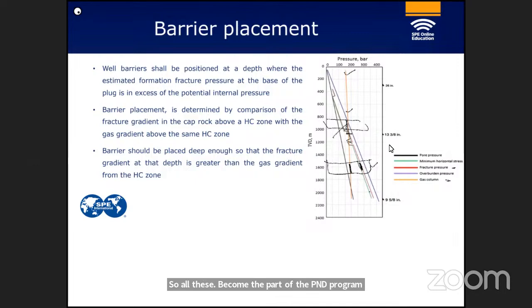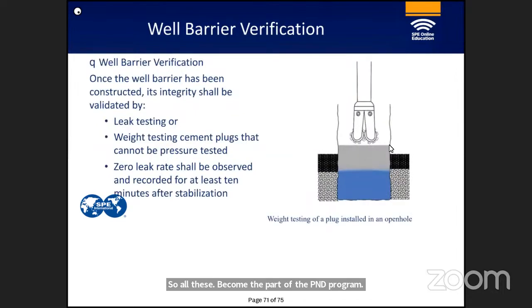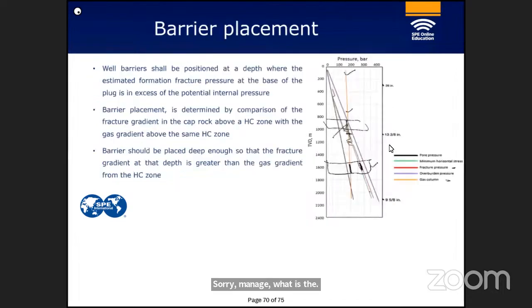Sorry, Manish, what is the wellhead pressure of the gas? The surface pressure. So surface pressure will be here. So this is the gas gradient. This yellow part is the gas column.